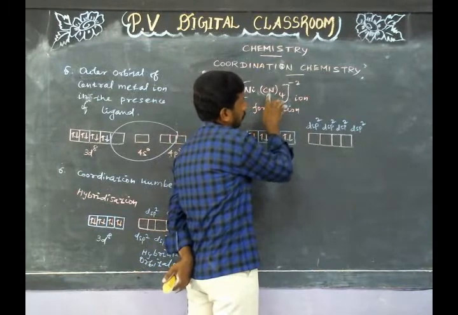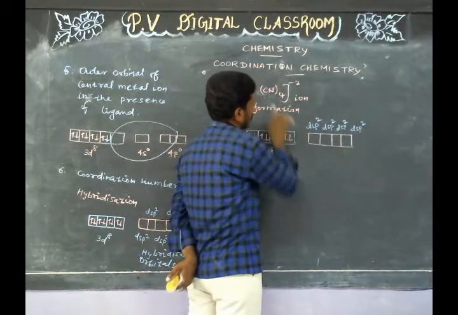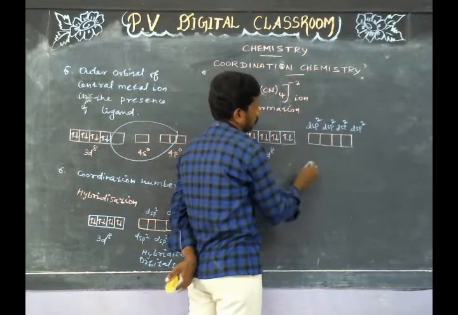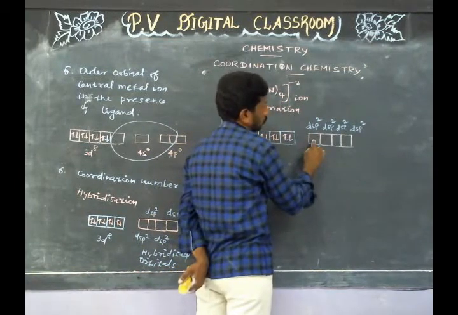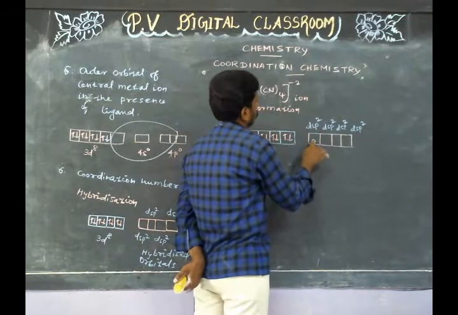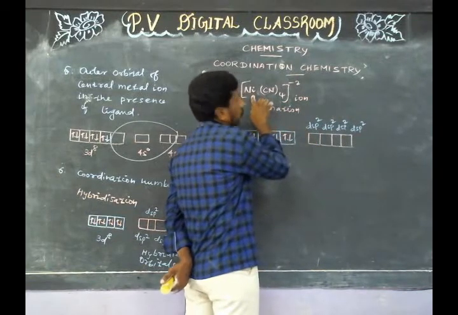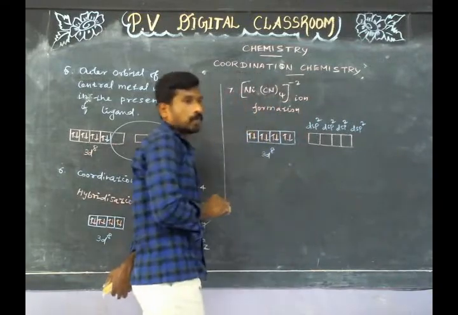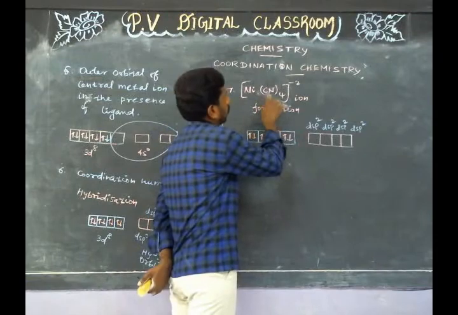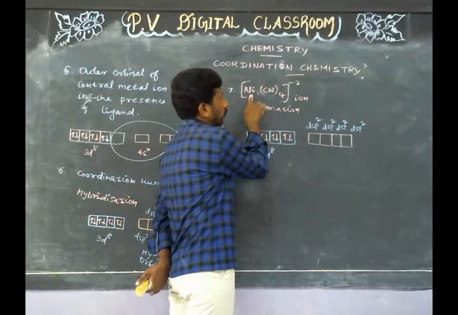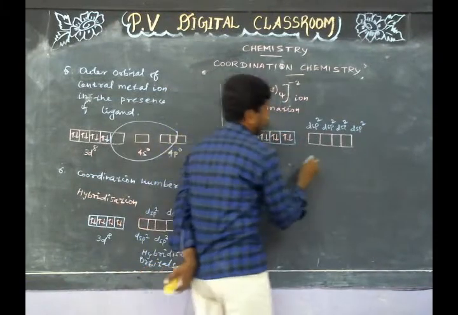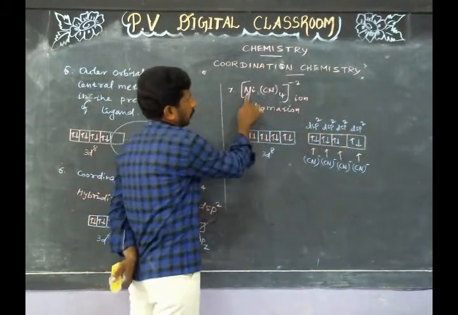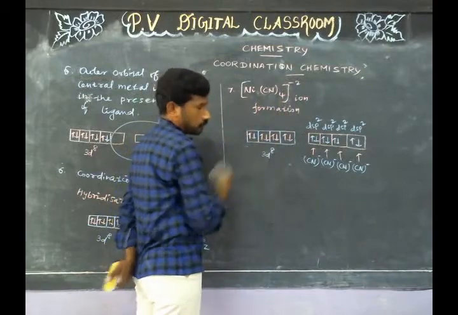In this complex ion, the ligand is the CN- ion. The number of ligands is 4. So each CN- ion donates a pair of electrons to the Ni2+ ion to form a coordinate bond between itself and the Ni2+ ion, or central metal ion. Thus, the [Ni(CN)4]2- ion is formed.